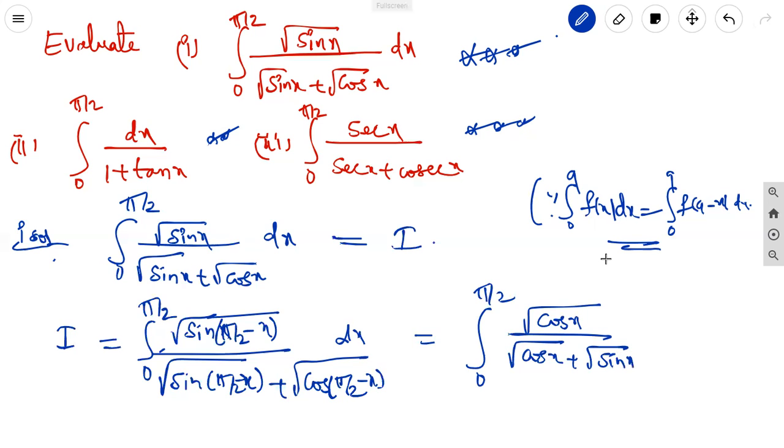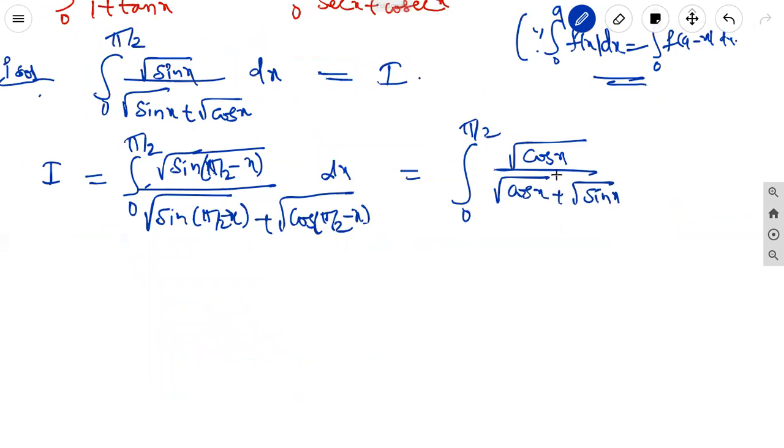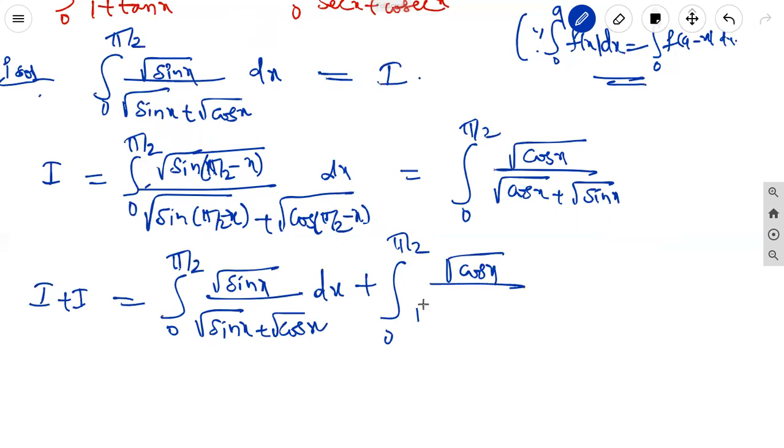This is also I. Now we add the first I and second I. Then I plus I, let it be first equation and second equation, is equal to integral 0 to pi by 2 root sin x by root sin x plus root cos x dx plus integral 0 to pi by 2 root cos x by root cos x plus root sin x dx.